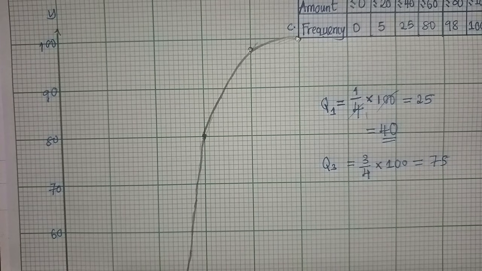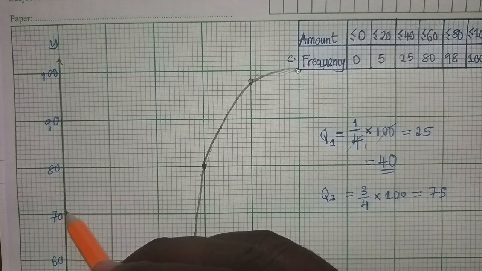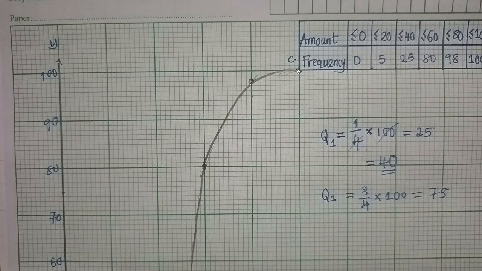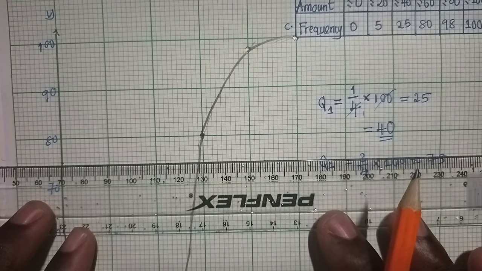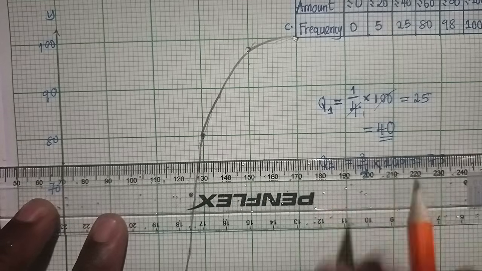Now we go to where 75 is on the y-axis. This is 70, 71, 72, 73, 74, 75. It's right here. So where 75 is, you now do your line like this. Okay? So this is our line right over here.